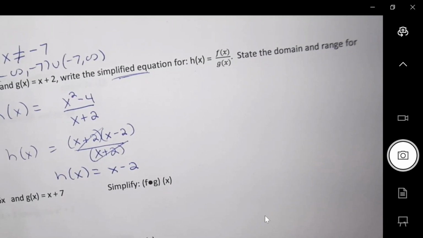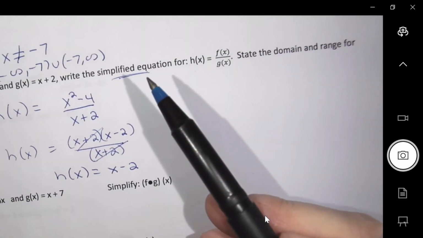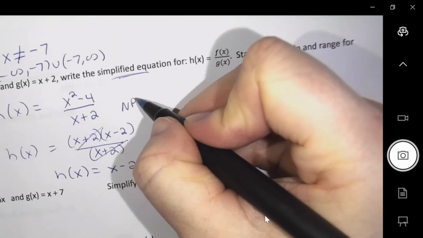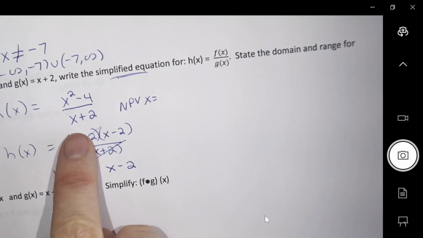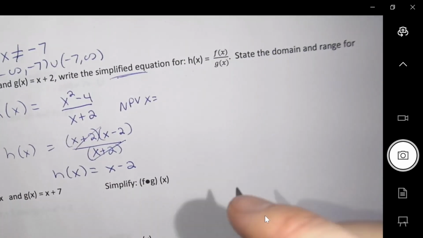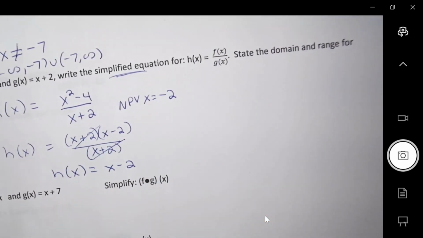Okay, now, what is the non-permitted value here? I don't want x to be something on the bottom, right? Remember that? So I don't want -2.